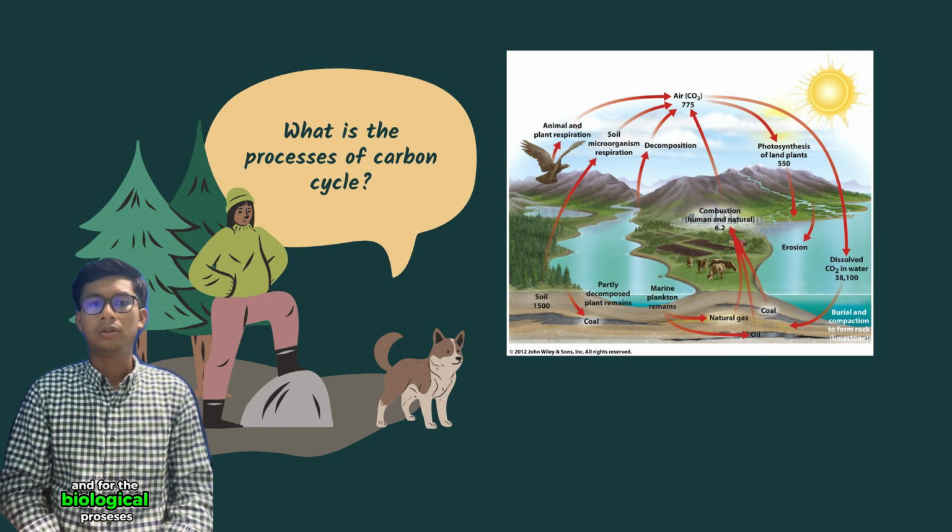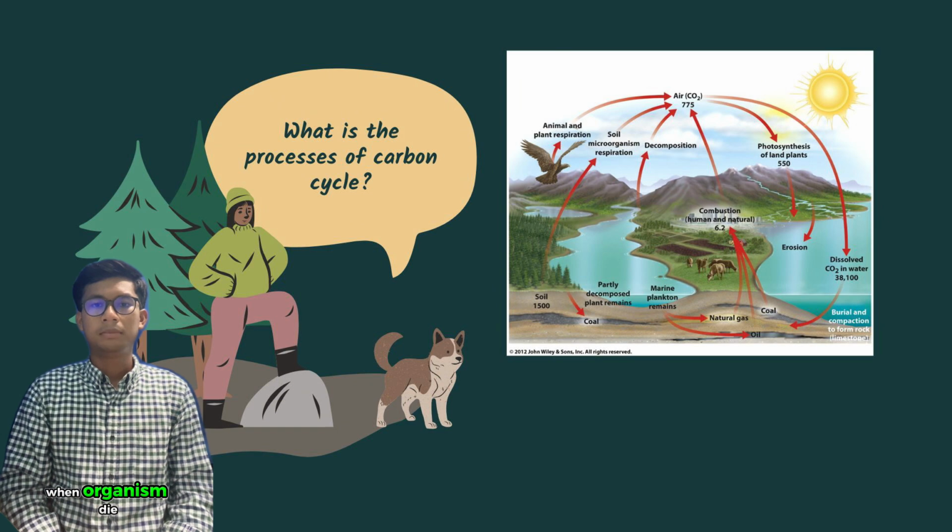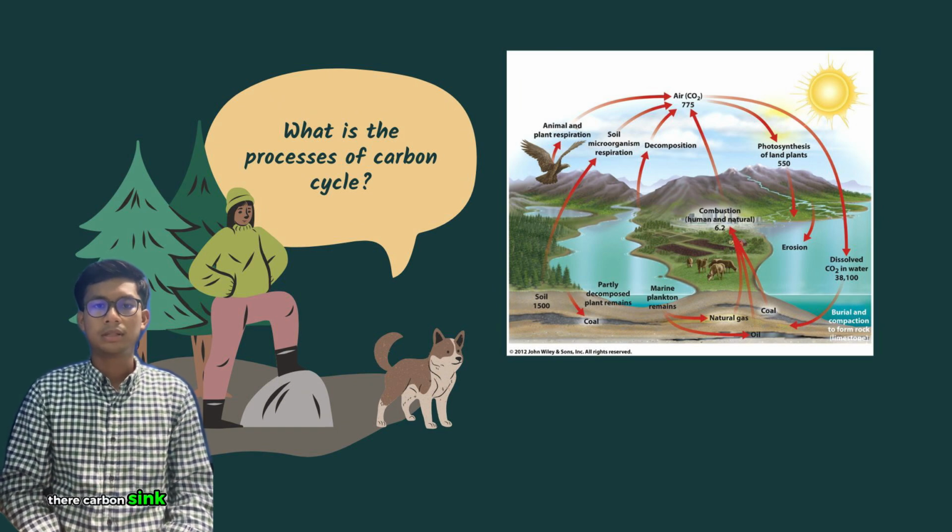And biological processes include photosynthesis by phytoplankton, which convert carbon dioxide into organic carbon, forming the base of the marine food web. When organisms die, their carbon sinks as detritus to the ocean floor, contributing to sedimentary storage.